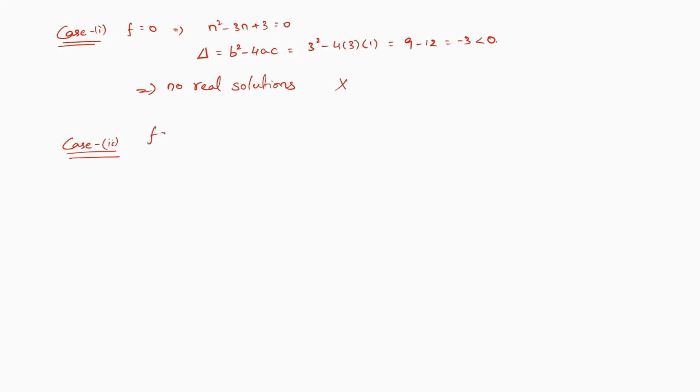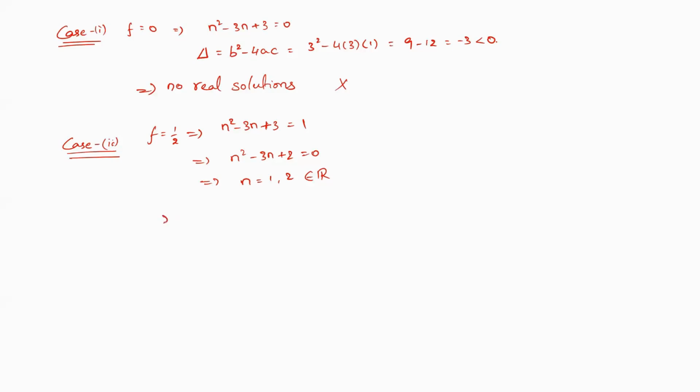So case 2, f equal to half. n square minus 3n plus 3 equal to 2f, that is equal to 1. n square minus 3n plus 2 equals 0. Solving this, we will get n equal to 1, 2, which are real.